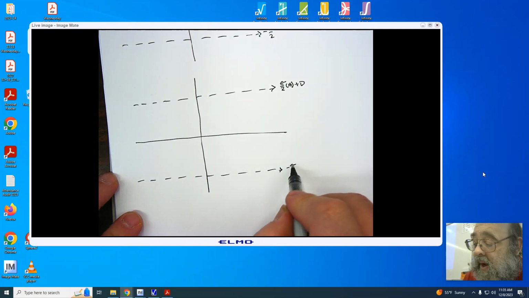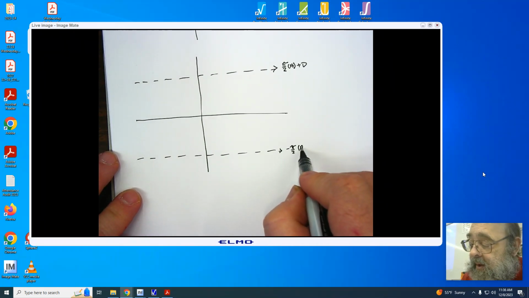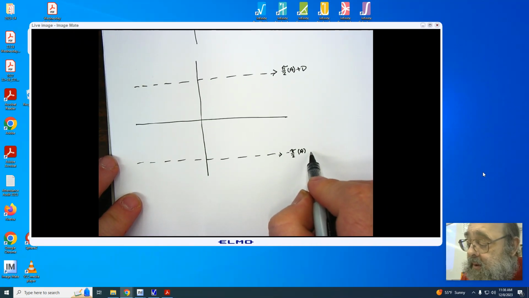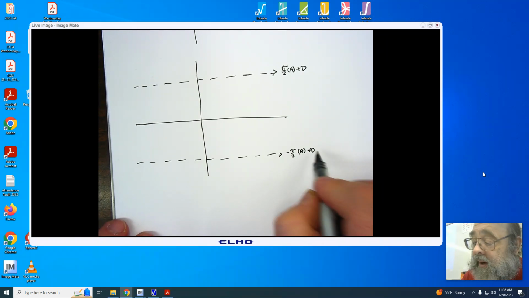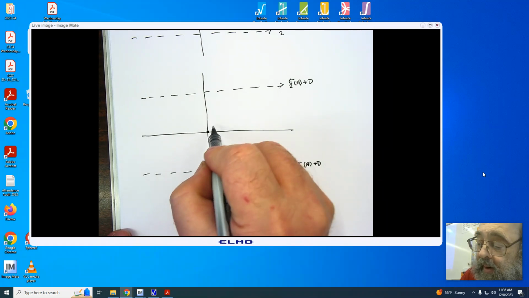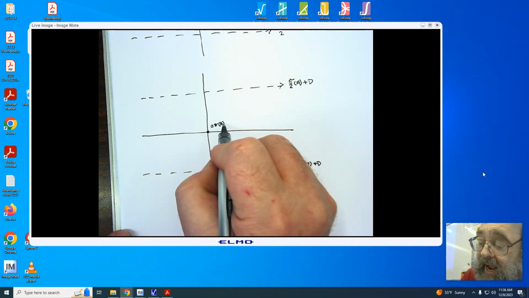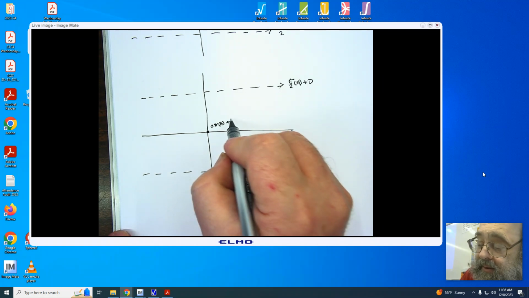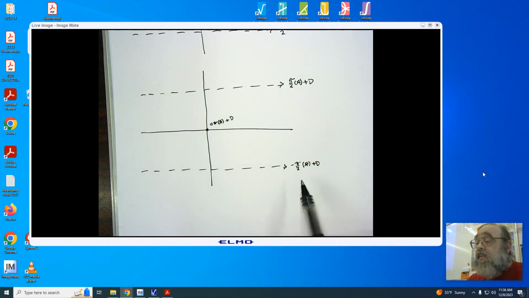This is minus pi over 2 times the A value, and now I'm going to subtract or add the D value. There we go. Now this center point is 0 pi, and since when I multiply by A it stays 0, it's just an aspect of the vertical shift. So these are the three things that we're going to be looking at when we do our work.